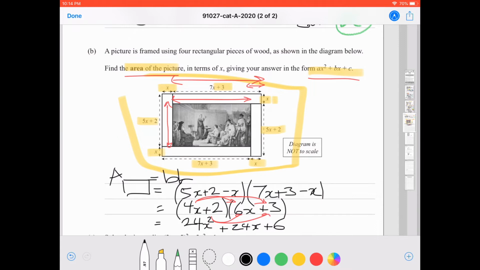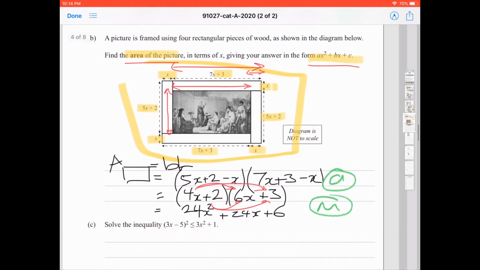And this answer gets you the merit grade here. Achieved is forming a correct expression for the area of the picture. So just setting up that equation gets you the achieved. So this step here. Sweet, moving on.